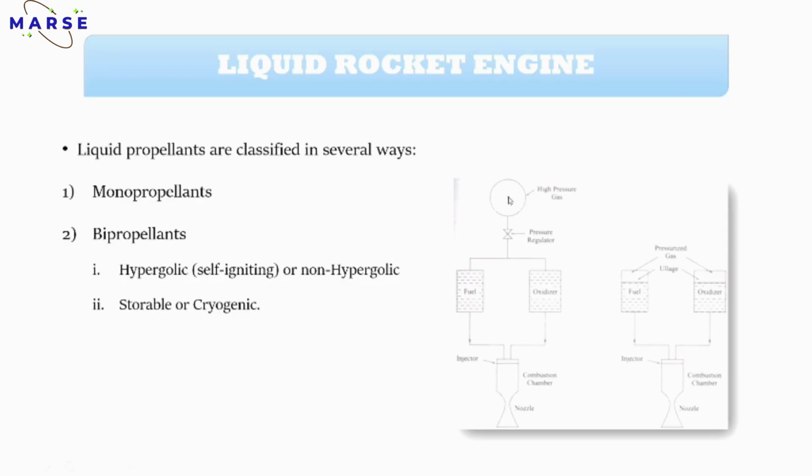You can see the pressurized gas here, right? The second one is where the pressurized gas is present in the tank itself. You can see here an empty space in the tank, and all the pressurized gas is present in that empty space. That is known as the ullage. Got it? So those are the two methods.